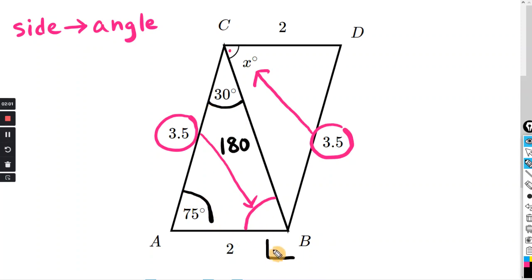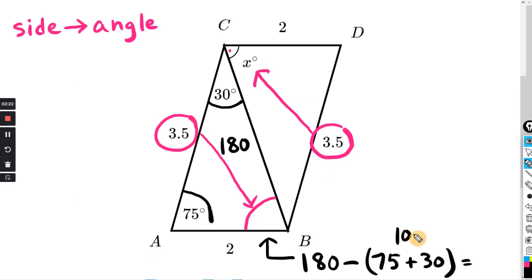That angle is going to be 180 minus the combination of the other two, 75 plus 30. 75 plus 30 is 105. And 180 minus 105 is 75. So this angle right here is 75.